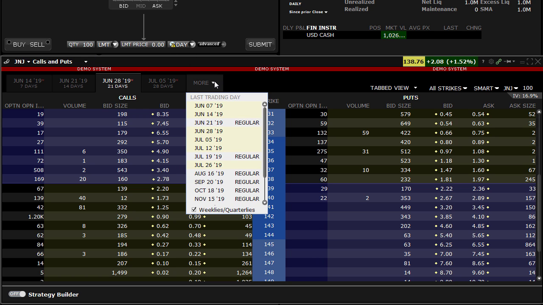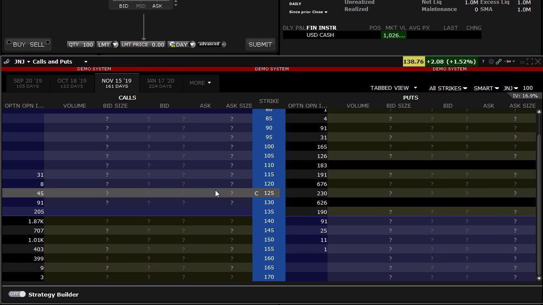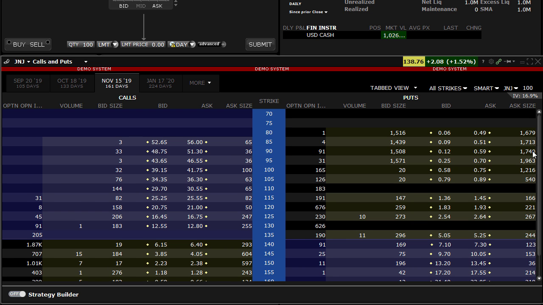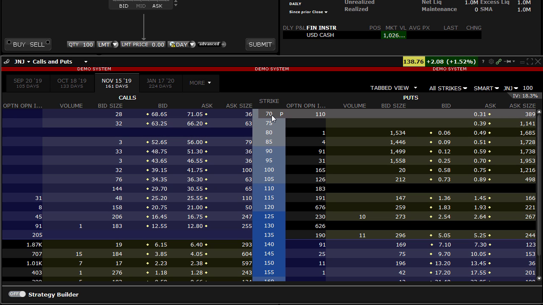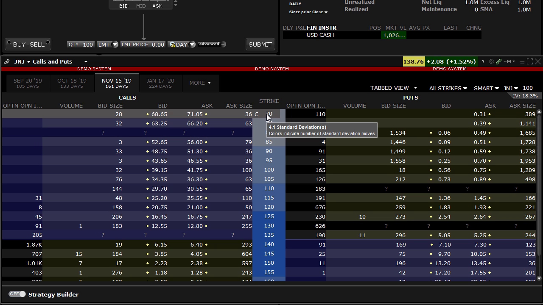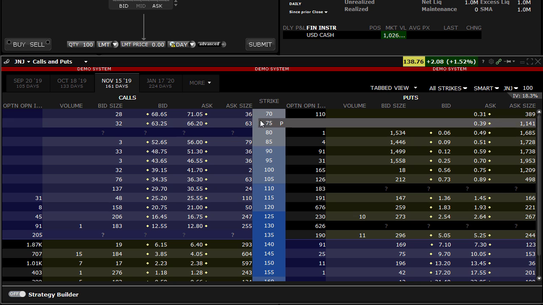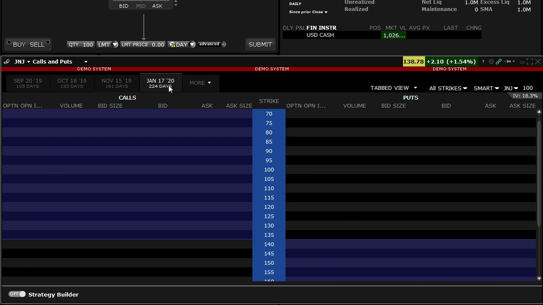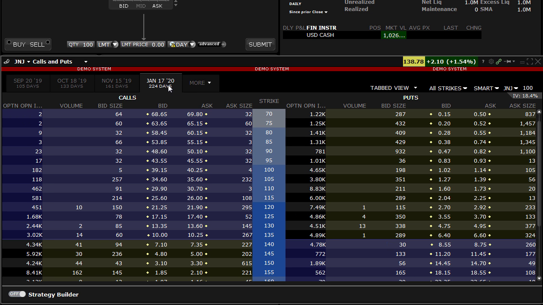Let's pull up that November, and we could buy the 70 here, and that would be in the money by $68, right? And so it's almost like buying the stock at this point, because this doesn't expire until November 15, let's say January 17th, 20, right? So that's a really long ways away.